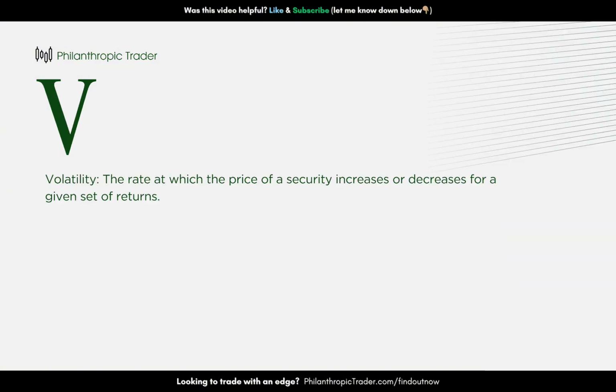Volatility, the rate at which the price of a security increases or decreases for a given set of returns. Most scalpers, for example, really like a high volatility market, because price moves really quickly in a short amount of time. In that moment, they can make quite some gains.